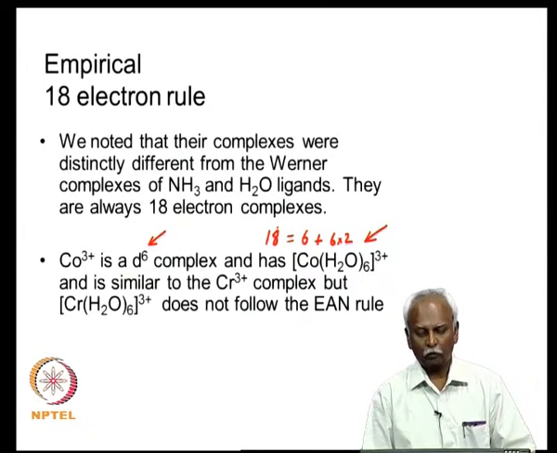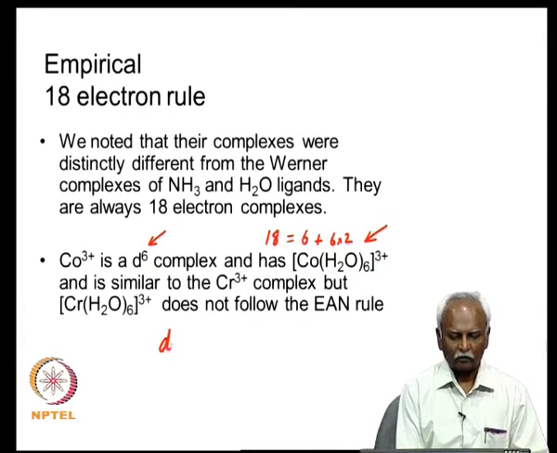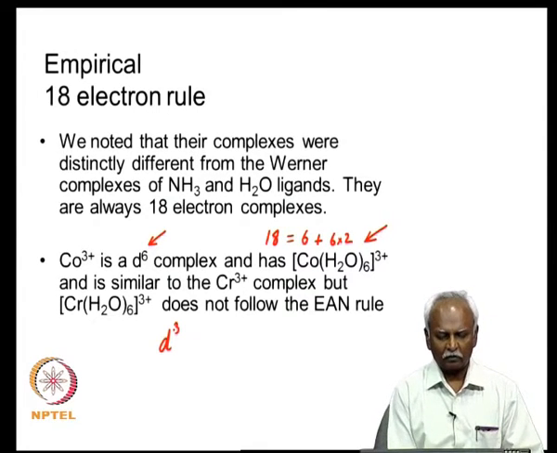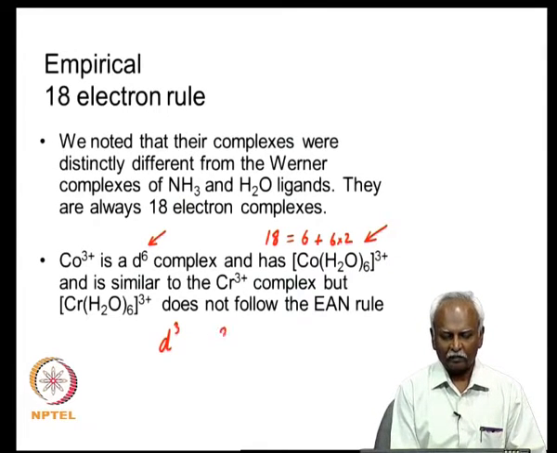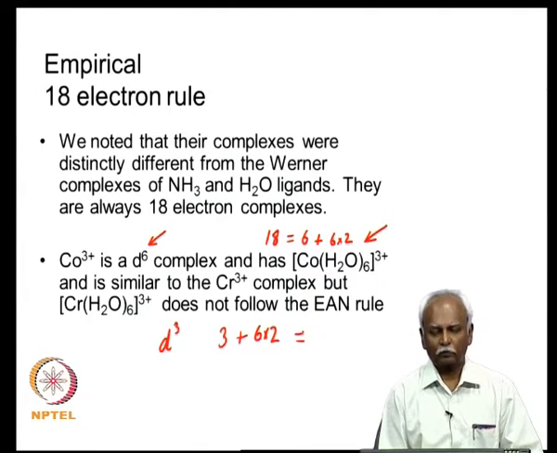Unlike the cobalt hexaaquo complex, a very similar complex with chromium 3 plus now has got only d3 valence electrons. So, it has got 3 valence electrons on the chromium plus 6 into 2, 12 electrons from the water molecules.